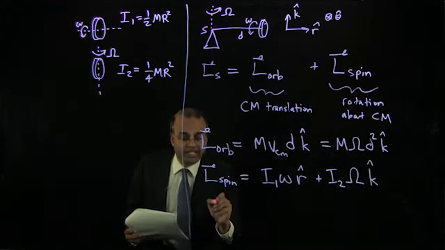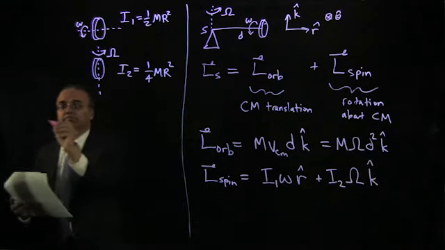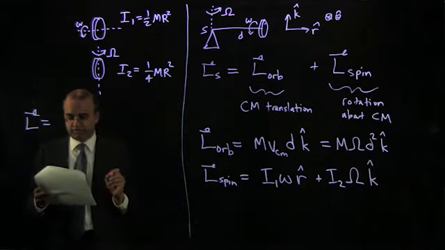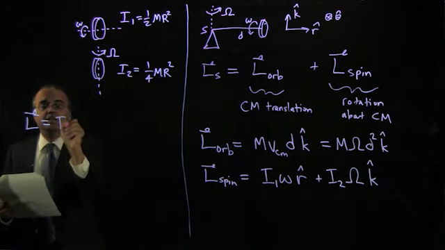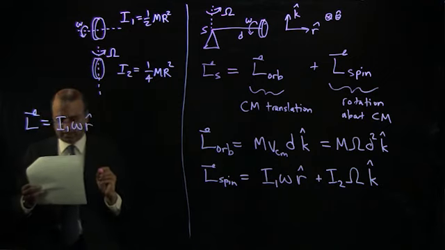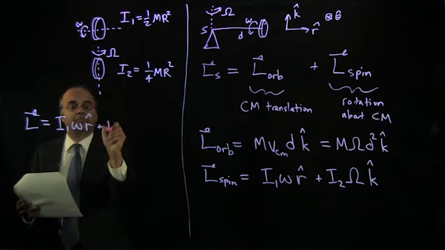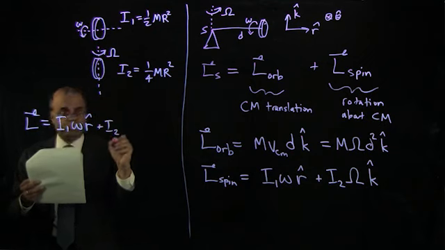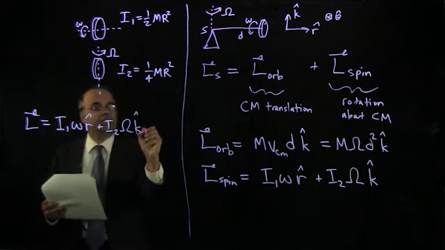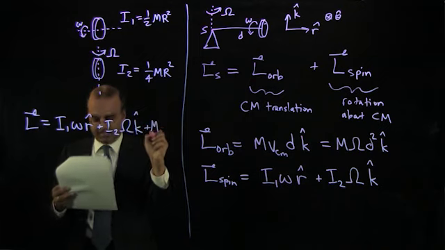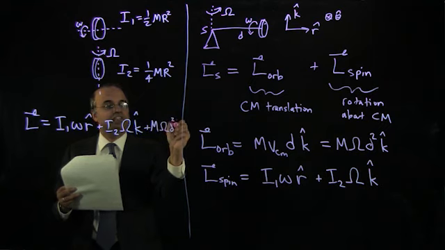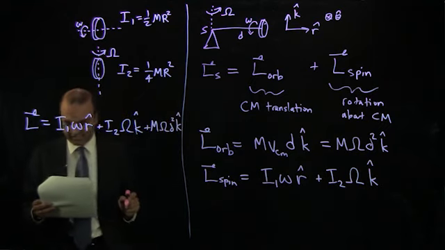So the total angular momentum of the gyroscope is I1 times omega in the r hat direction plus I2 times capital omega in the k hat direction plus m capital omega d squared in the k hat direction.